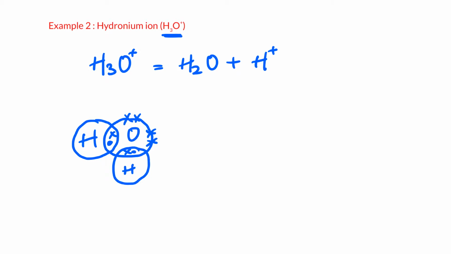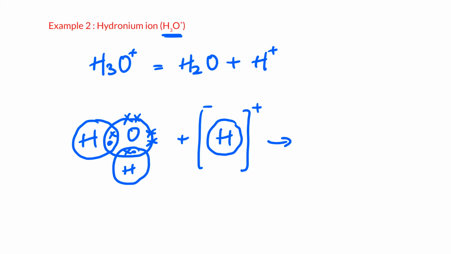You find that this H2O has 2 lone pairs of electrons, so in the outermost shell it's quite rich. When it meets a hydrogen ion, which is very, very poor and has no electron in it, the lone pair electrons can contribute to it, forming the hydronium ion.